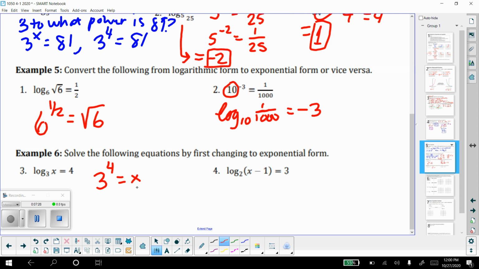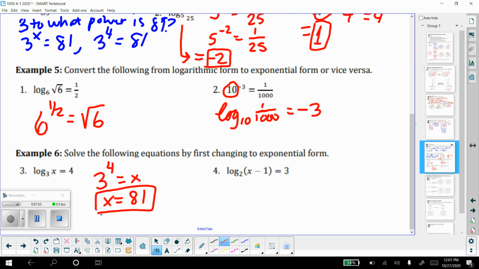All I've done is just like I did in example 5, I've switched from log form to exponential form. That makes this problem really easy to do because what's 3 to the 4th power? Well, let's see. 3 times 3 is 9, times 3 is 27, times 3 is 81, x equals 81. We solved our logarithmic equation simply by changing it to exponential form.